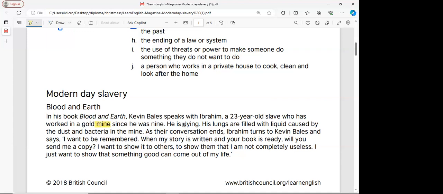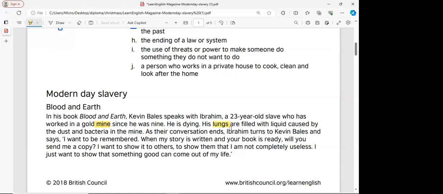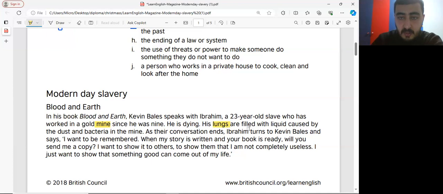Gold mine means a gold mine. Good job. Since he was 9, he is dying. Now, at 23, he is dying. His lungs are filled with liquid caused by the dust and bacteria in the mine. What does lungs mean? Lungs, yes. Lungs are filled with liquid caused by the dust and bacteria in the mine. Dust? What does dust mean?